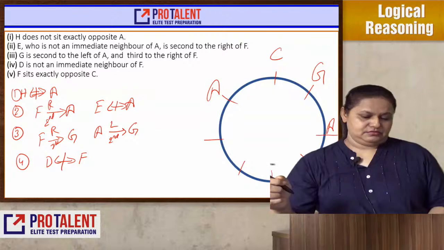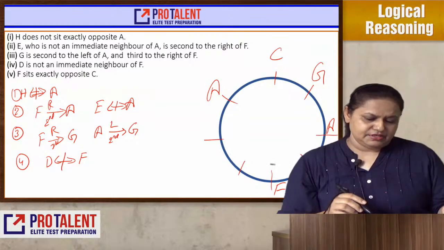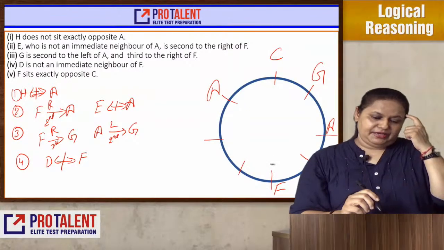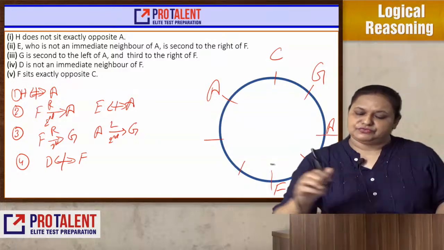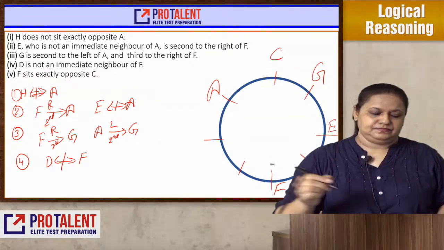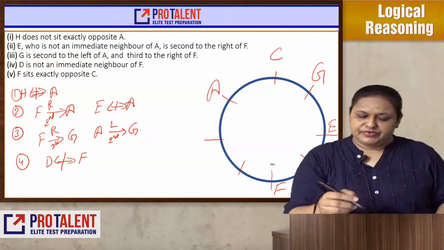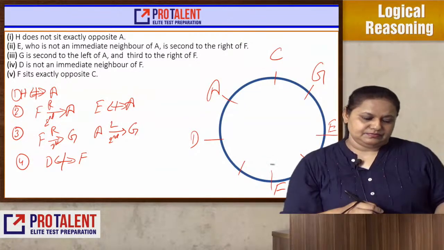Yes. 1 minute. Okay, E, who is not an immediate neighbor of A, is second to the right of F. So it was E. Then D is not an immediate neighbor of F, so obviously D comes here, and F sits exactly opposite C. So we are left with what?